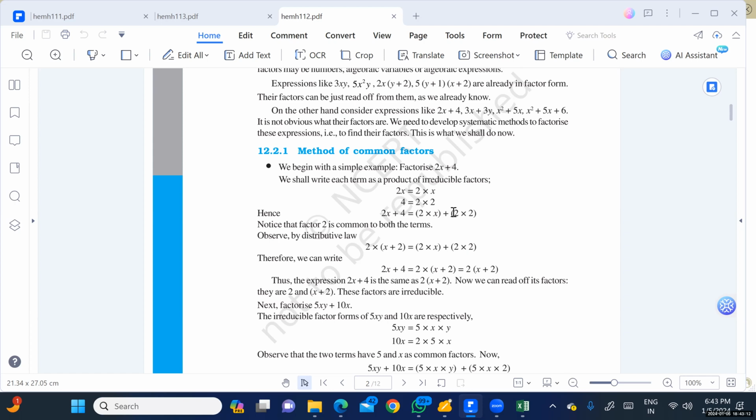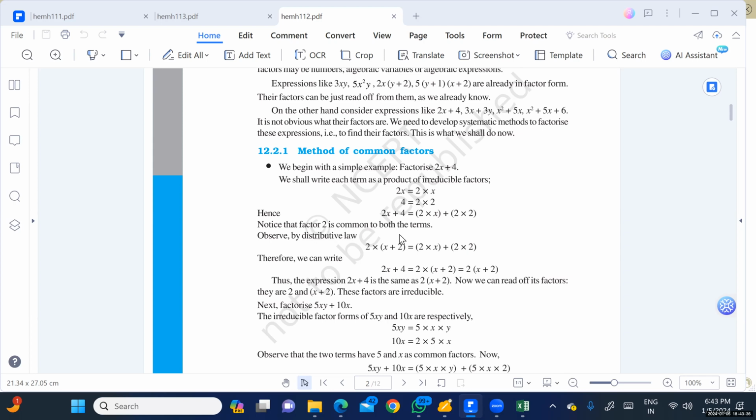Observe by distributive law. Very important. You must understand what the distributive law is. 2 into x plus 2 is equal to 2 into x plus 2 into 2. This is the distributive law we're talking about.